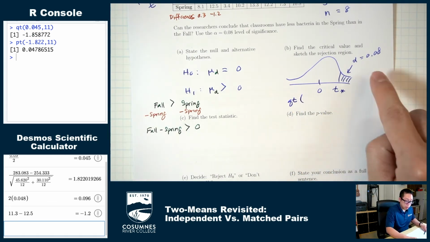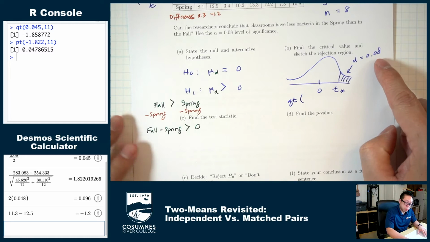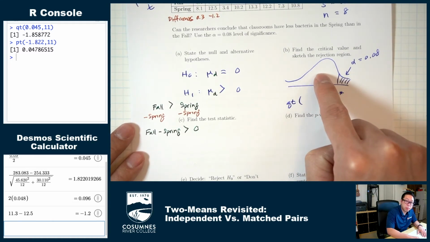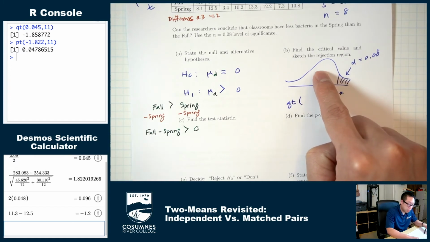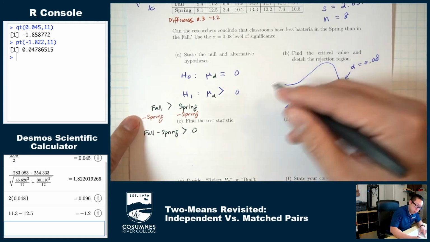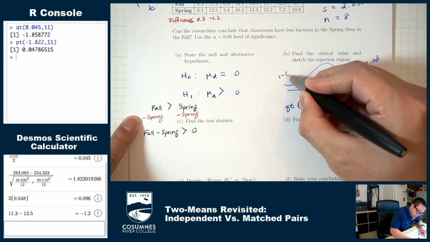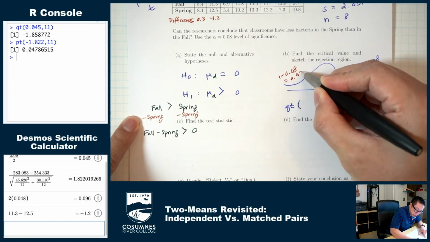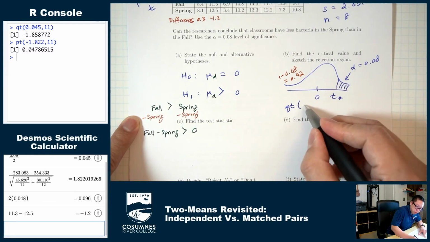Left area. 0.08 is not the left area. 0.08 is the shaded one, which is to the right. I want the left, which is the other side, so we'll do a 1 minus to get the other side. And I think that's going to be 0.92. And that's what we'll feed R.